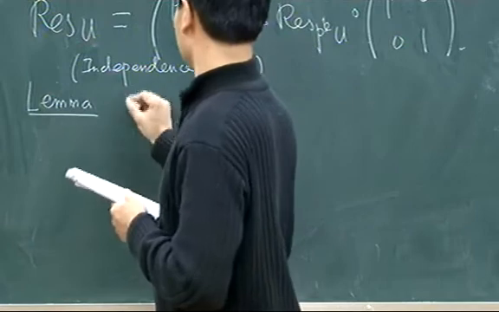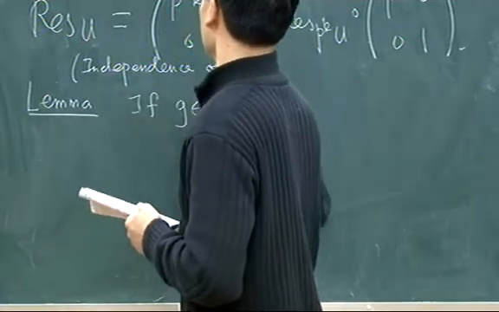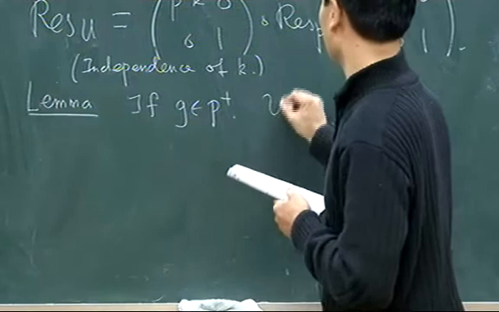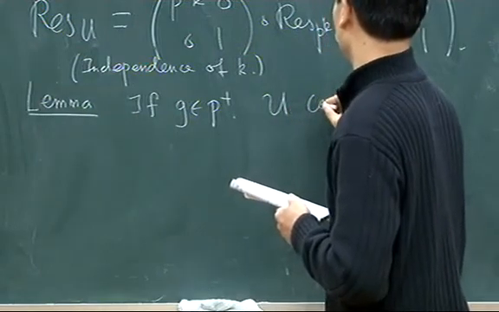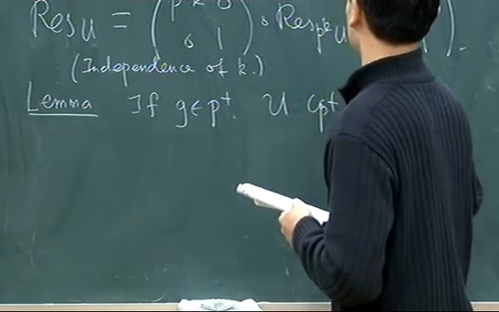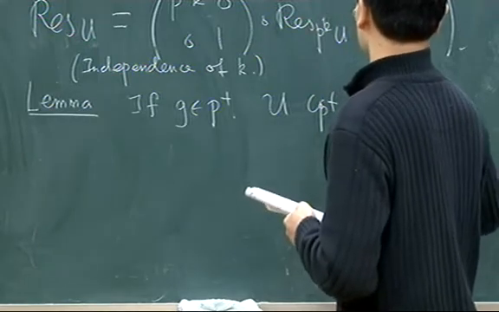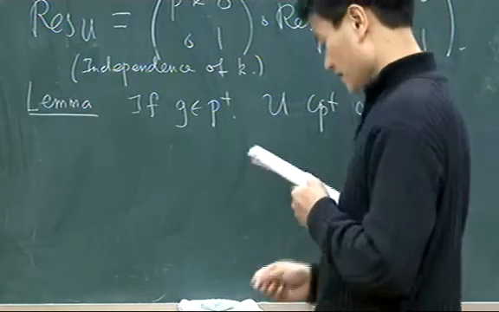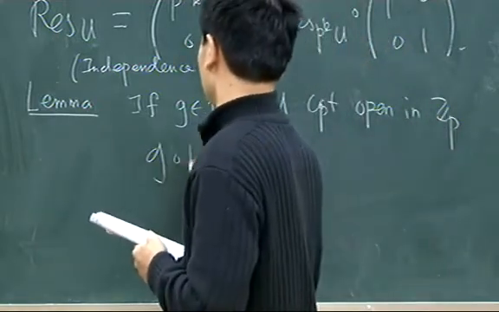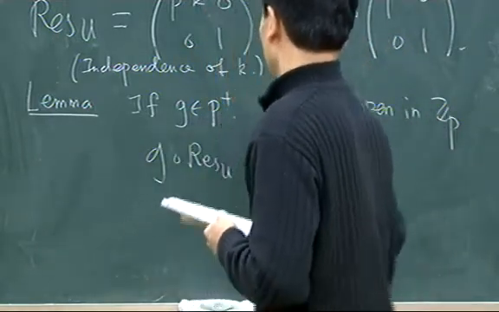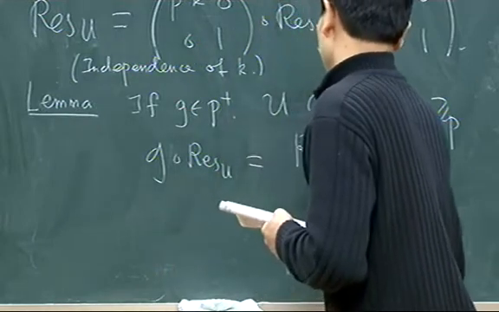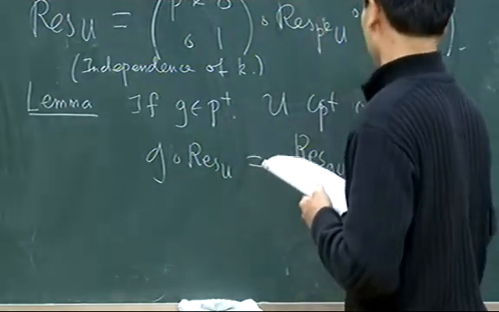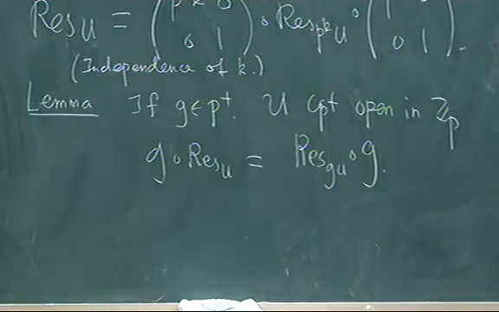If g is in P plus and U compact open in Qp, you can find that g restricted to U is restriction to gU, in g. Because of this, you can check it's really independent. Okay. Now we have this restriction.